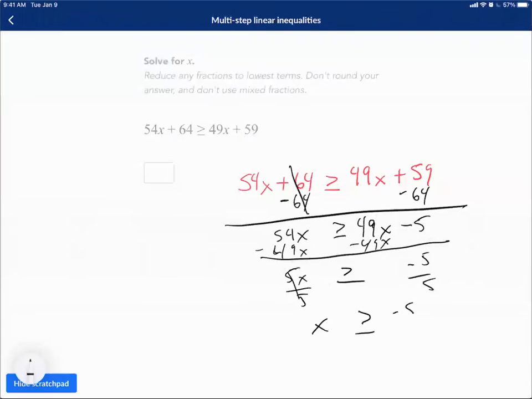I feel like this is actually still wrong, but I'm going to read the actual explanation so I can make sure I'm doing it properly. It says the inequality sign flips because we order negative numbers differently from positive numbers. For example, 2 is less than 3.